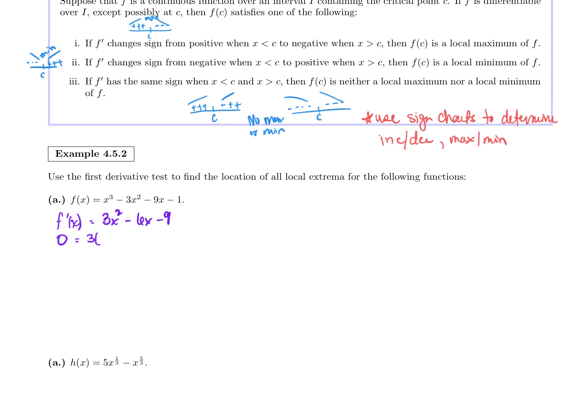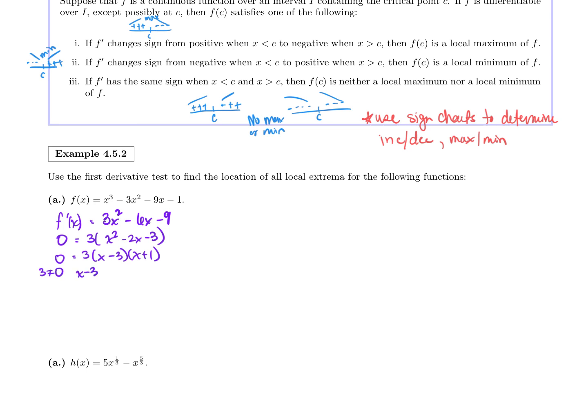So we'll factor out a 3, and then we've got x squared minus 2x minus 3. Well, what multiplies to give us negative 3 and adds to give us negative 2 would be negative 3 and positive 1. So x minus 3, x plus 1. Here, 3 is never going to be 0, so we don't have to worry about 3.